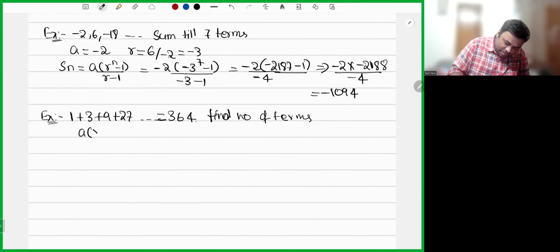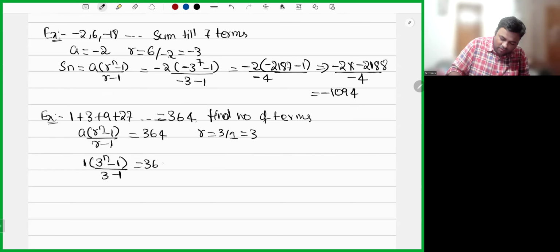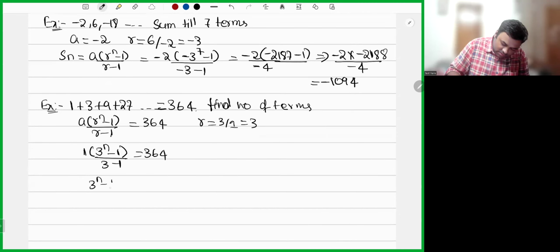A into r power n minus 1 by r minus 1 is equal to 364. What is A here? 1. Common ratio T2 by T1. 3 power n minus 1 by 3 minus 1 is equal to 364. So 3 power n minus 1 by 2 is equal to 364.